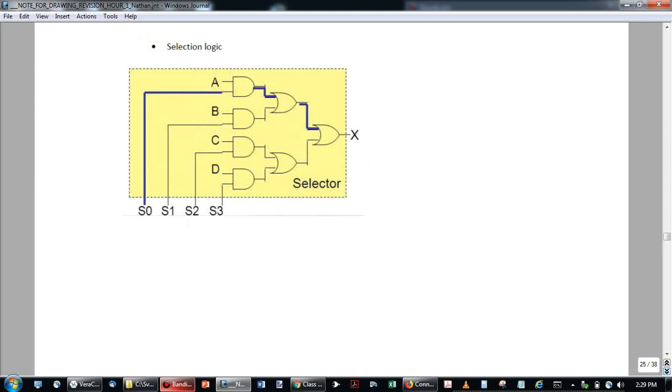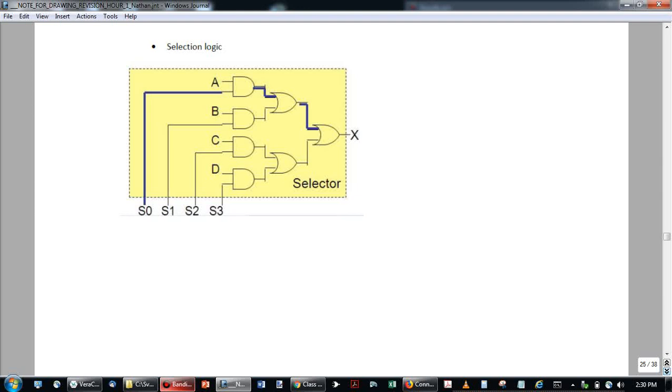Selection logic looks like this. You'll see there's an S0, S1, S2, S3. These are from the decoder in this case, saying which ones to turn on. You'll see that there are 4 logic gates on the left. They're all AND gates, and for our purposes, we can view an AND gate as a blocker. It stops things from going through unless you turn it on.